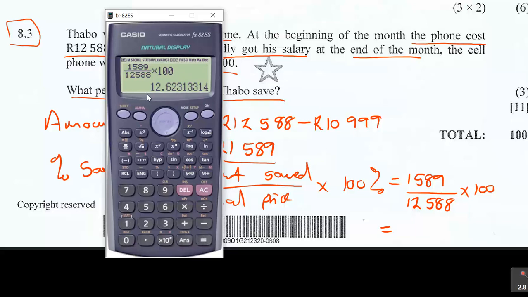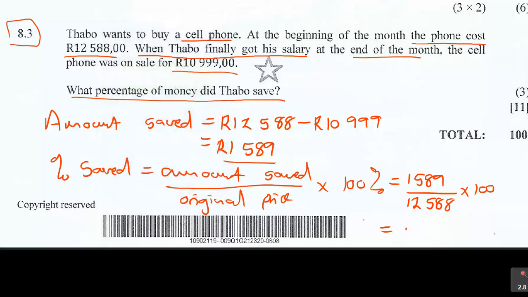So the discount here is 12.623%, which is 12.623 to 3 decimal places. Always put it to 3 decimal places. So this is the percentage of money that is saved. He saved 12.623. And with that, guys, this is the end of this paper.